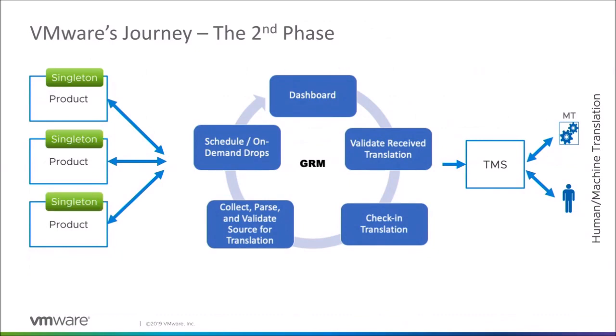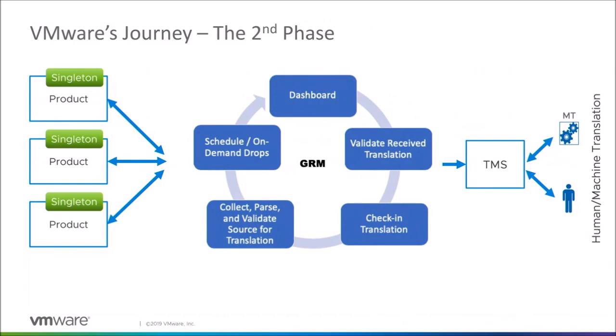Here, I want to point out one thing. If you still remember the previous slide, everything on the right side is the same. However, the left side was the repository, right? It's not a product, but now it's a product. I no longer deal with the repository to find where the source is to pick up.